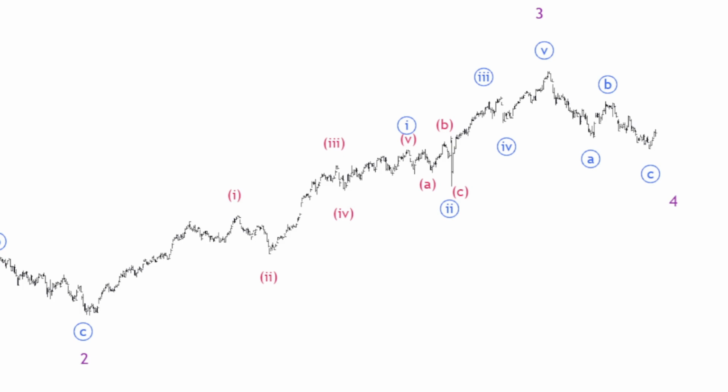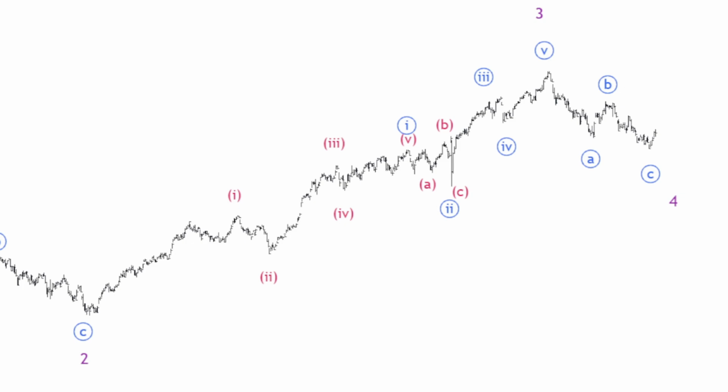Key support to watch is the 38.2% Fibonacci support, which Nifty 50 has held very strongly. It is time to see if bulls have the strength to push higher, and what could be a fantastic minor wave 5 rally.